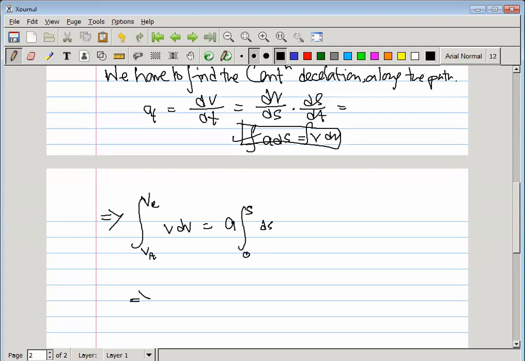So how much will it come now? a s is equal to 1 by 2 times vc square minus va square, right?